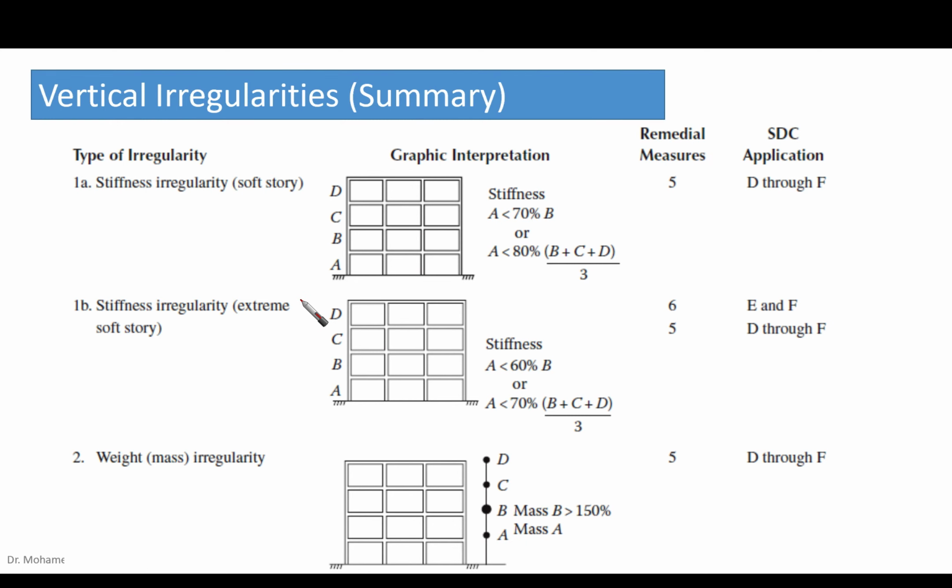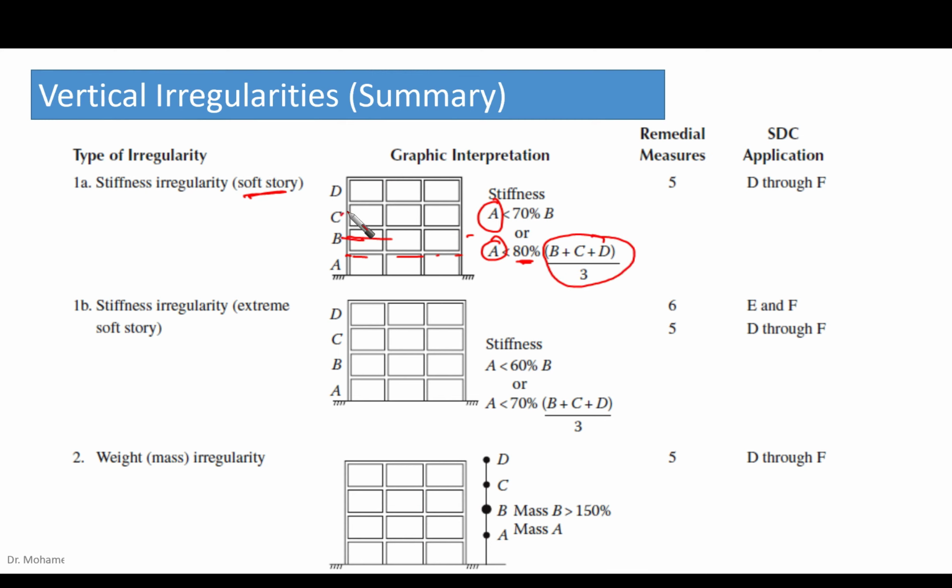In the summary, I think that it's written in a better way. So here, stiffness irregularity, which is soft story. Our criterion is the stiffness: A should be less than 70% of B. So the stiffness at this story, which is story A, should be less than 70% of the stiffness of story B, or A is less than 80% of the average stiffness of the 3 stories above.